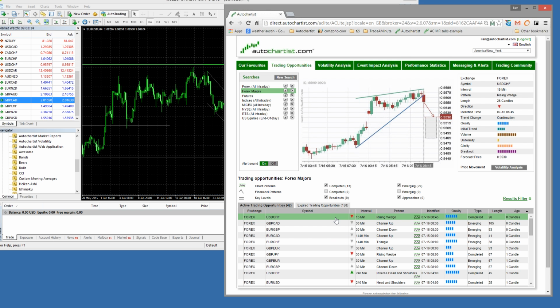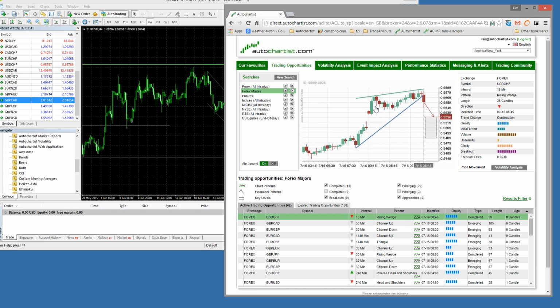Now if you think about that from a chart pattern theory perspective, what that means is that we believe there's going to be either a change in the trend, or a continuation in the trend in the direction of the breakout. You can see quite clearly in this example here that there was a consolidation in Euro Swiss franc, although not very clearly.